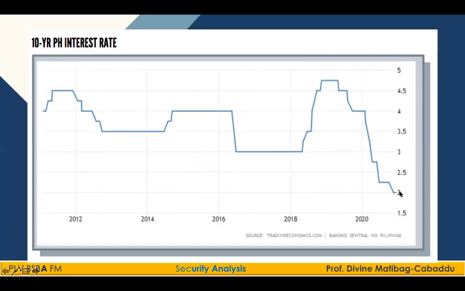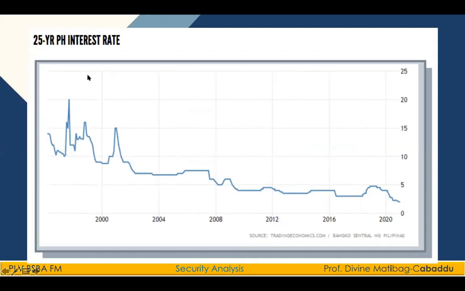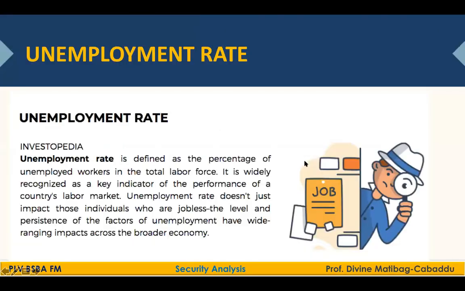This is our interest rate compared to higher interest rates in 2019, in 2016, and in 2012. And over the past 25 years, our interest rate in the Philippines today is still very much low.